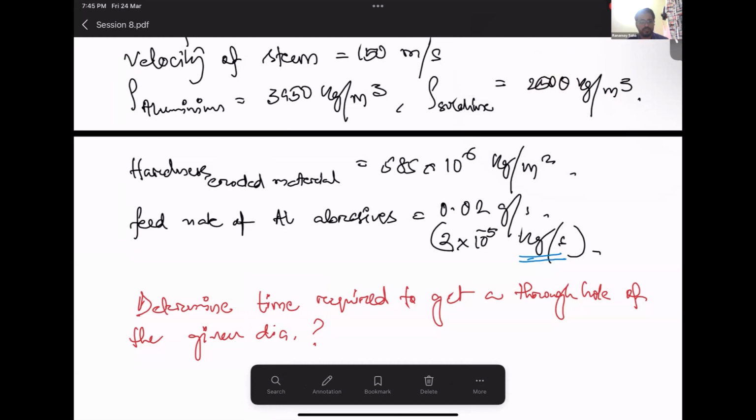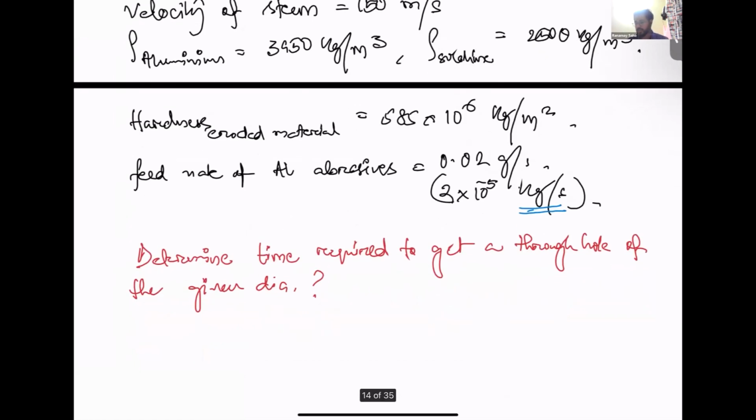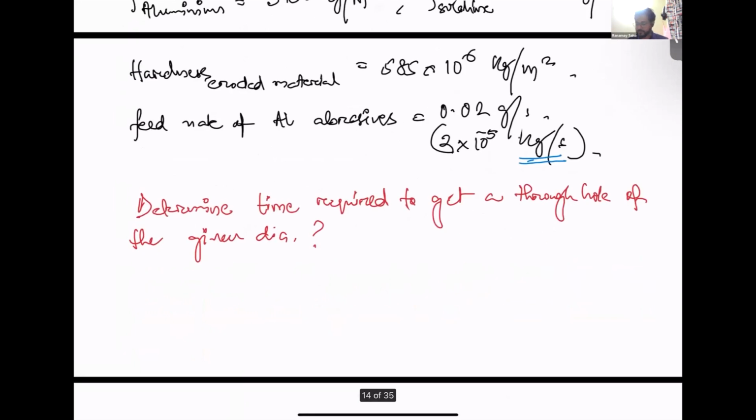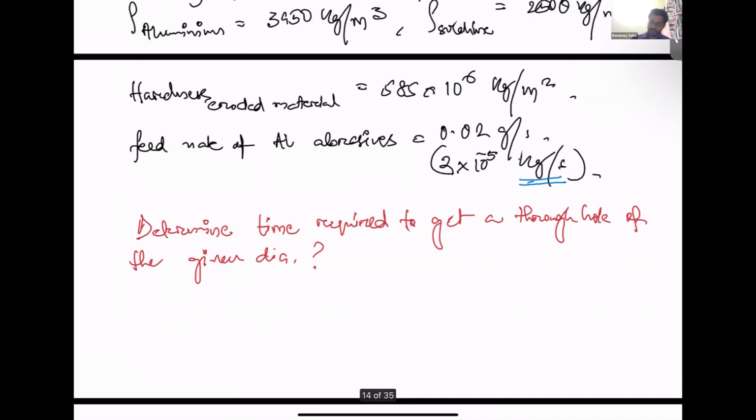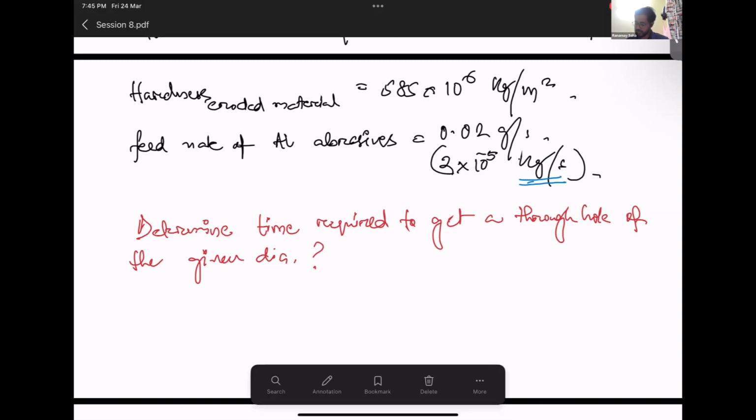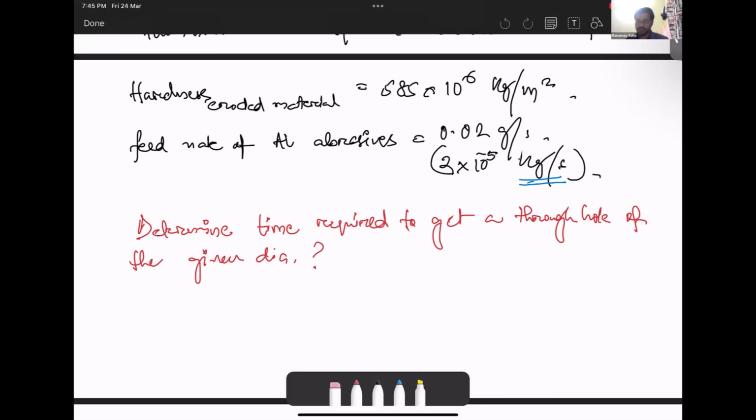So from now we have to find out the time required to get a through hole of the given diameter. Now considering that part, you first have to find out the mass loss, which you would get in terms of kgs, of course, and then this term is there, which takes the unit of kg per second, your abrasive feed rate.